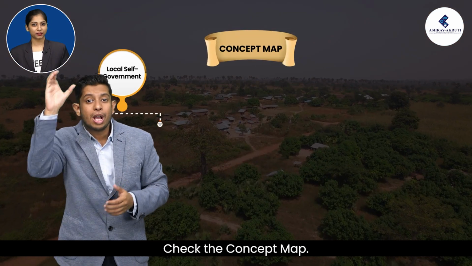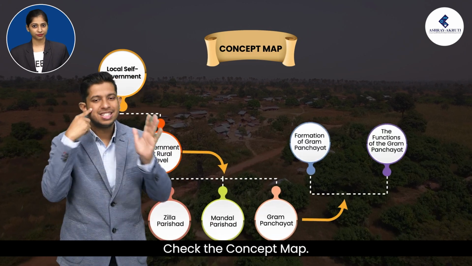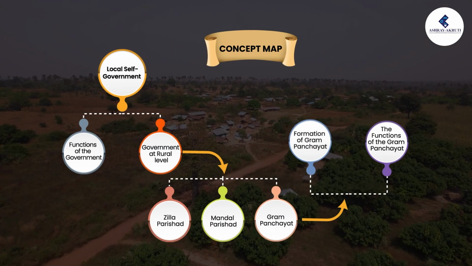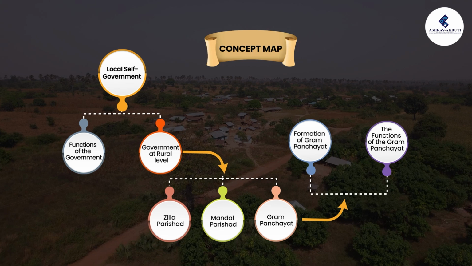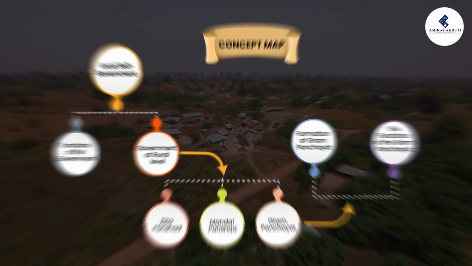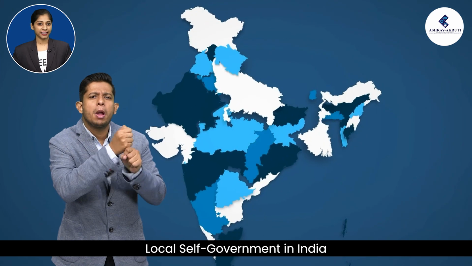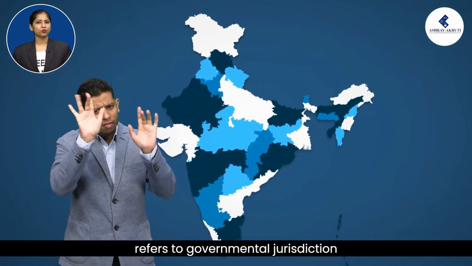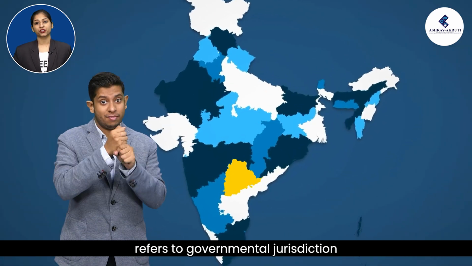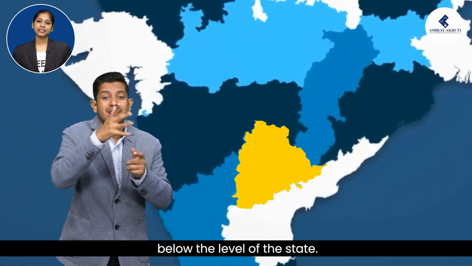Check the concept map. Do you know, local self-government in India refers to governmental jurisdiction below the level of the state.